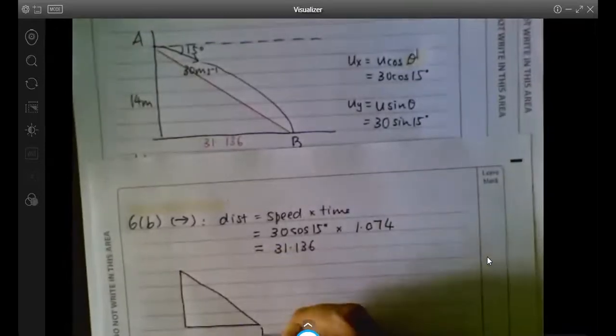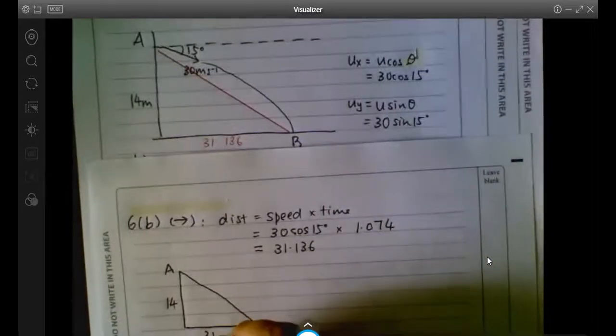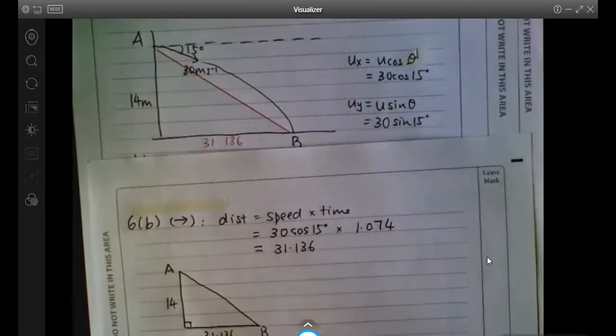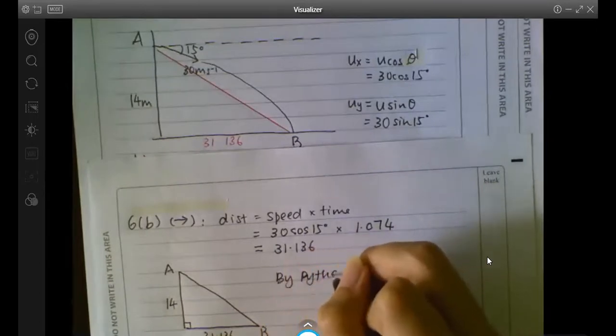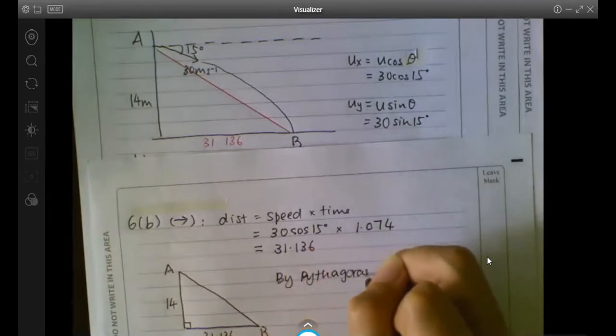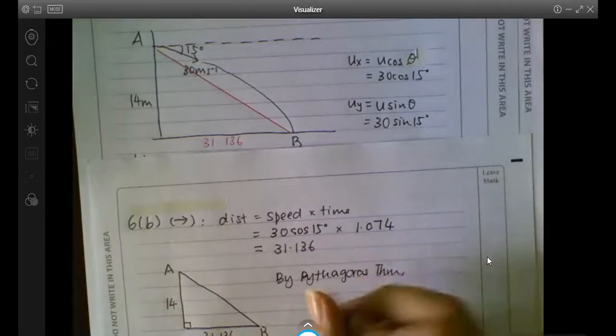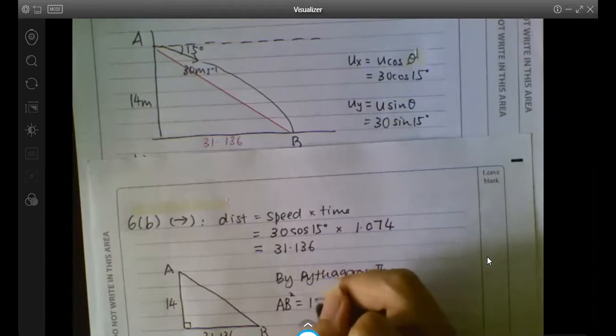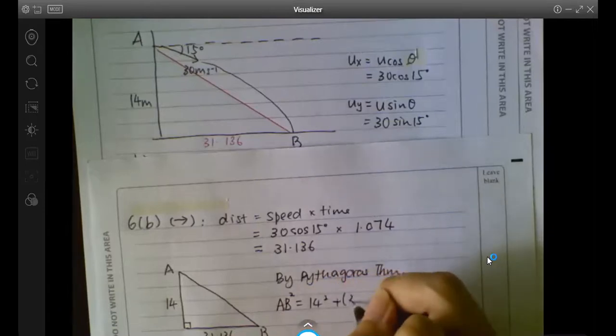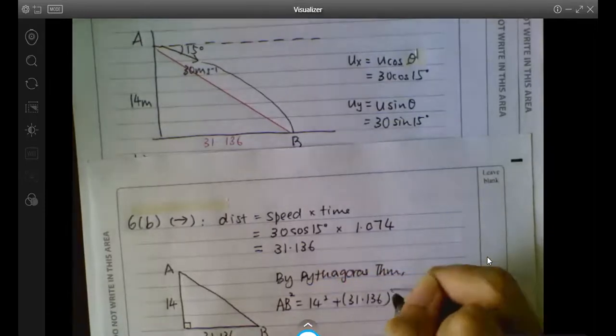All right, let me draw it out. This is B, this is A, this is 14, this is 31.136, this is right angle. So by Pythagoras theorem, AB squared would be 14 squared plus 31.136 squared.